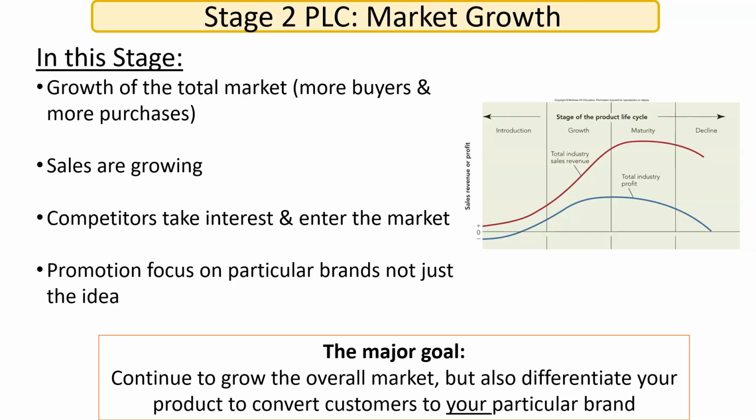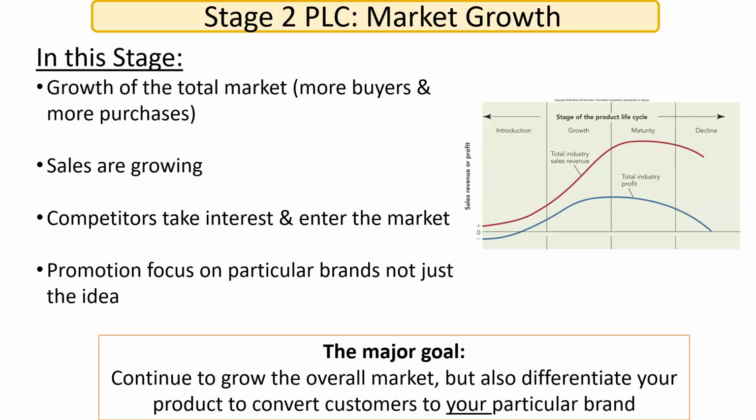So again, key strategy, promoting your brand, not just the product category, while still adding new customers to the total market. So in the introduction stage, we were just trying to get people to adapt the idea of the category, but now in the growth stage, we're saying, pick our brand. So not just any e-reader, rideshare, or smart home device, but our brand.